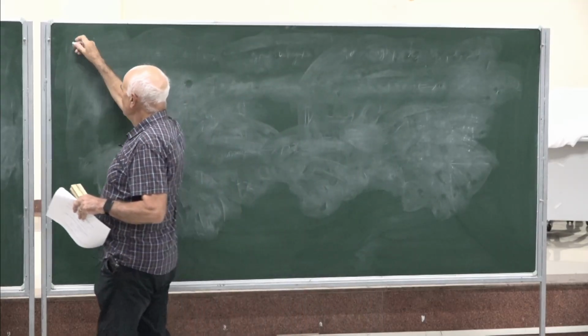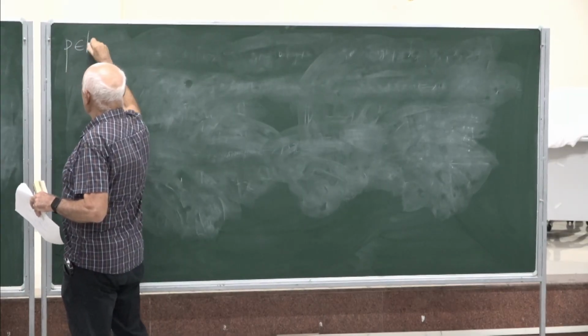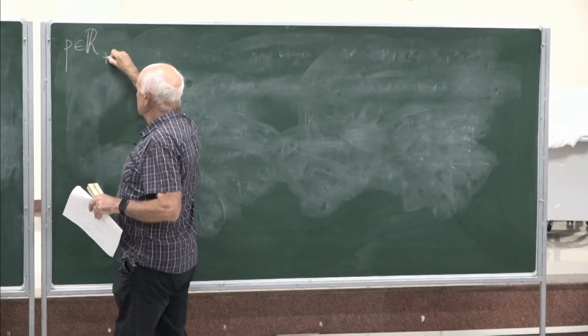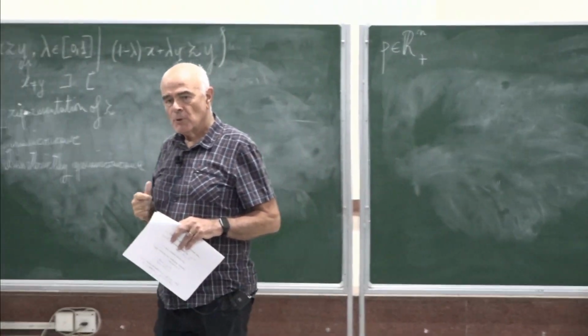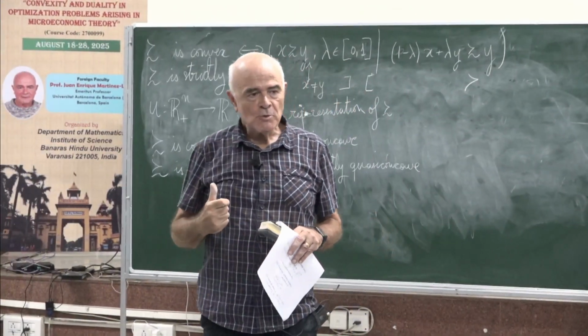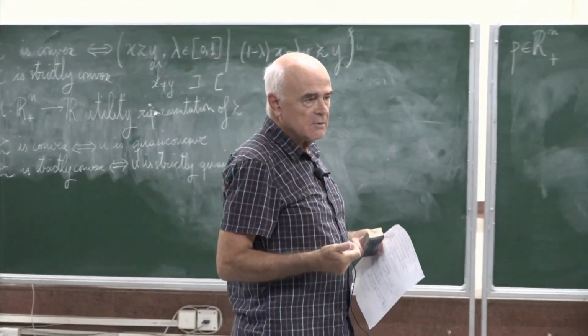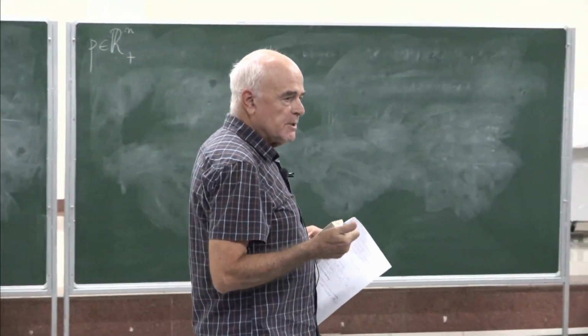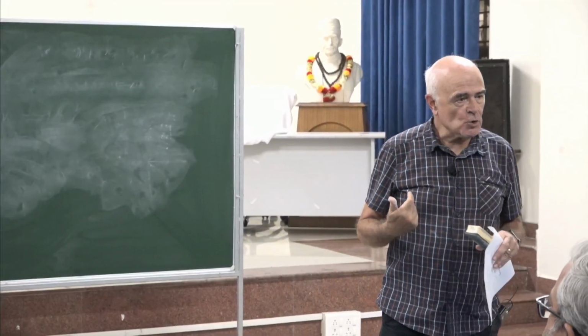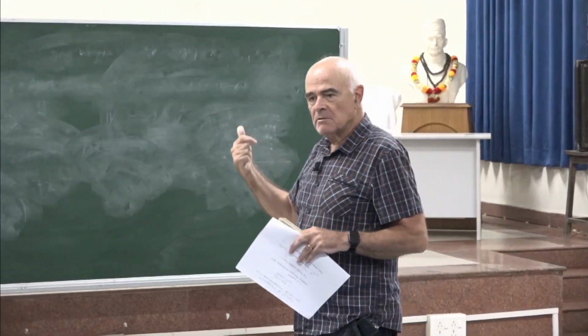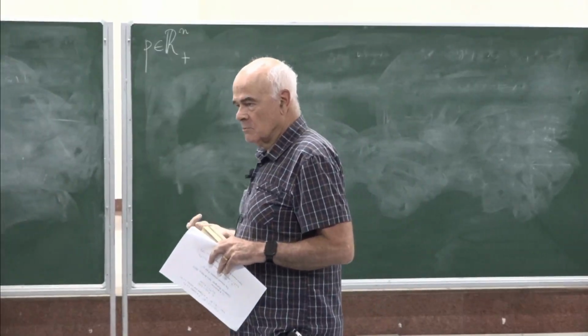So given a price vector, which in producer theory we assume to be strictly positive, now for technical convenience of the results, the way I'm going to present them, we admit prices to be 0.